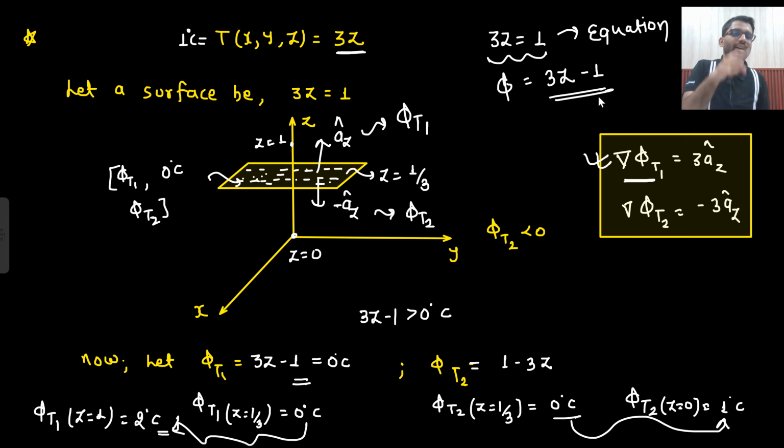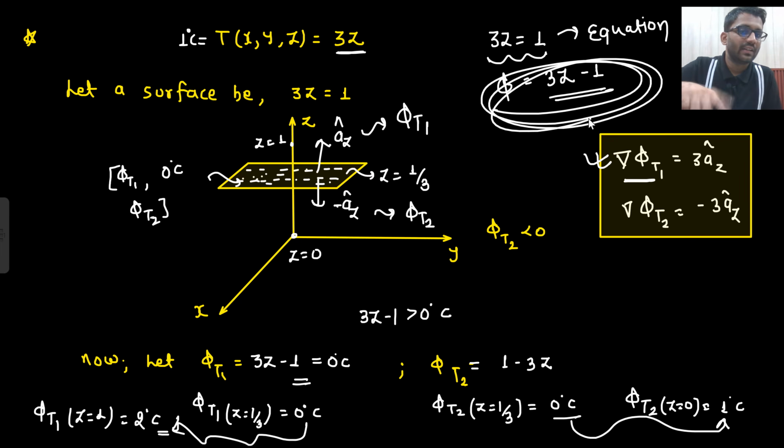If I find the gradient of that, sorry, I used the word divergence because that is our next topic, so no divergence, gradient. If I am finding the gradient of this, then it will always be in the perpendicular direction of the plane and it will always point towards phi greater than 0. Are you getting this point?